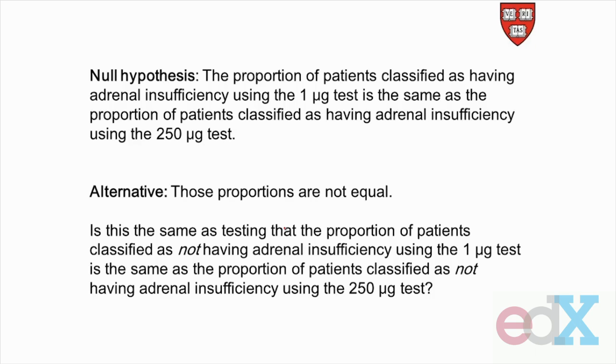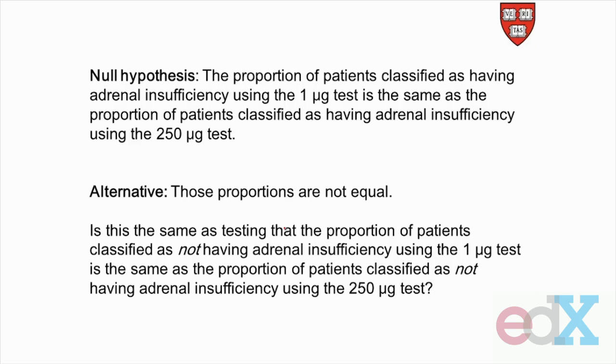So if one proportion is the same, then the other proportion has to be the same. So these are in fact the same null hypothesis. It just depends on how you want to specify it.